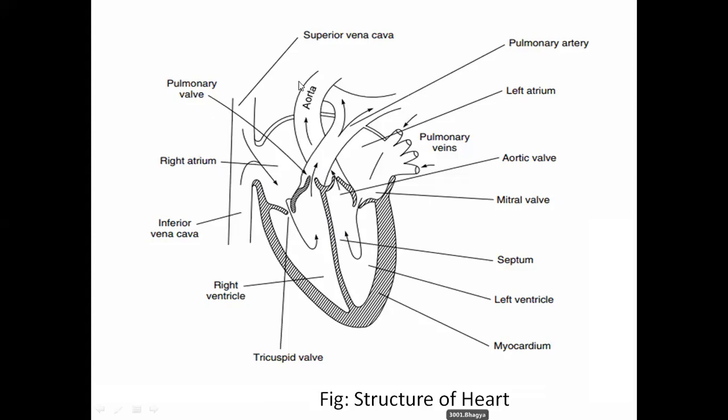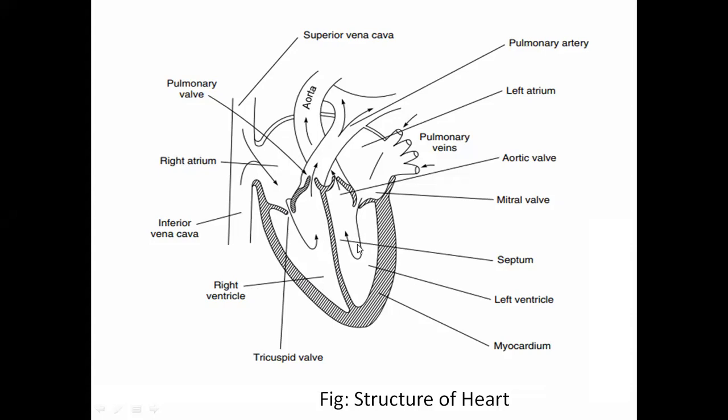The right side of the heart is divided into two parts. This is the right atrium, and this is the right ventricle. We can call those chambers, the upper chamber and lower chamber. The upper chamber is called the right atrium and the lower chamber is called the right ventricle.